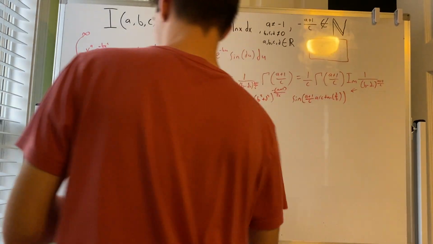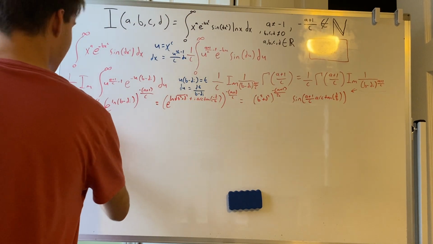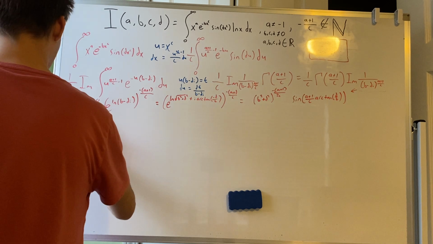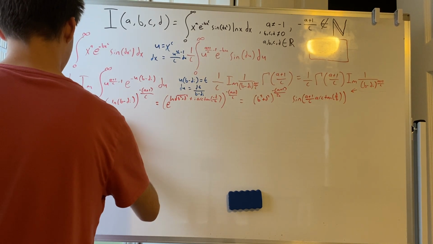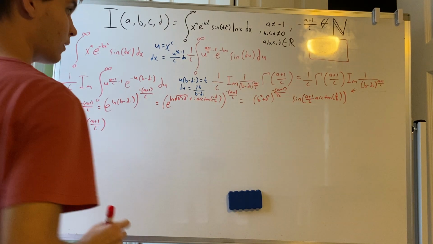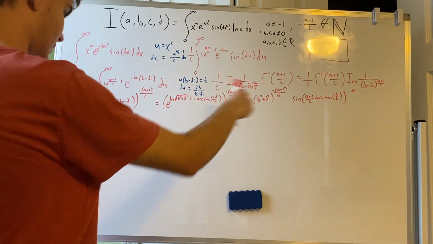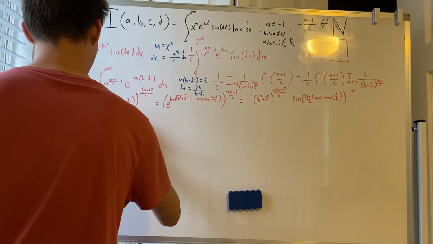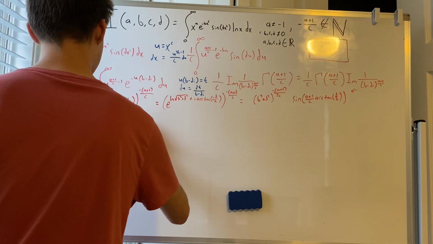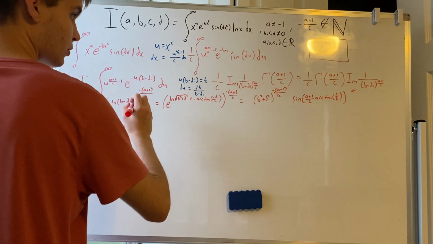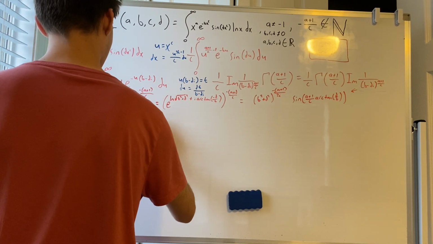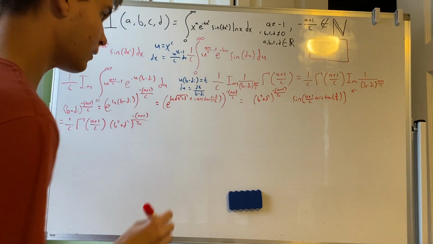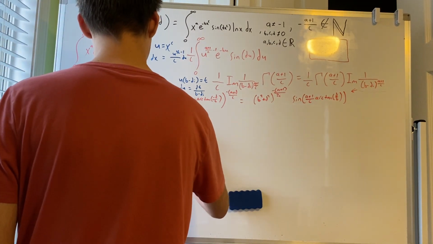So now let's establish what we have. We have 1 over c times gamma of a plus 1 over c, and then this stuff: b squared plus d squared to the negative a plus 1 over 2c, and our sine function.